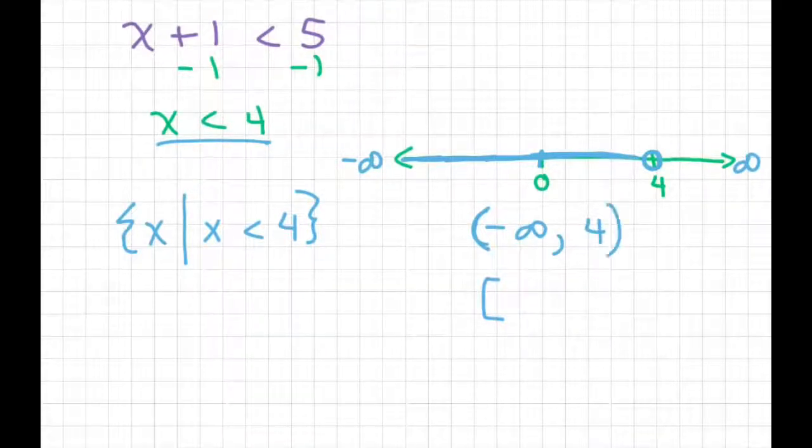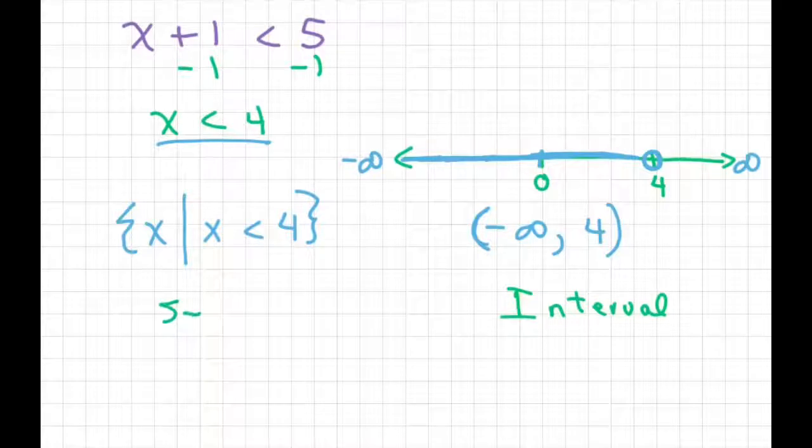And this is going to be open as well because it can't equal 4. If it could equal 4, then we would have used that. Infinity is not a number, so you can never equal it. So that's interval notation, and this is set notation for your solutions.